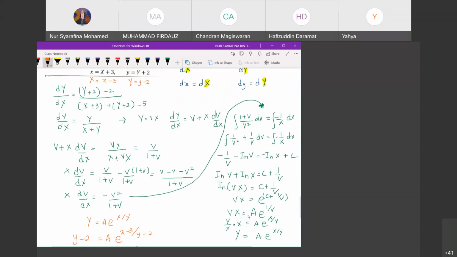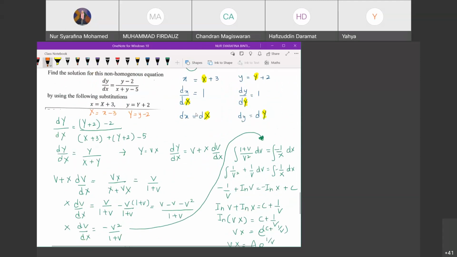But you need to be very careful here. For this case, the variables used are big X and big Y, which is quite confusing. If you want to try it again, you can change the variable there. But this is how we do it. For non-homogeneous, first we substitute to reduce to homogeneous. Once it is homogeneous, again we use the homogeneous substitution to find the solution.